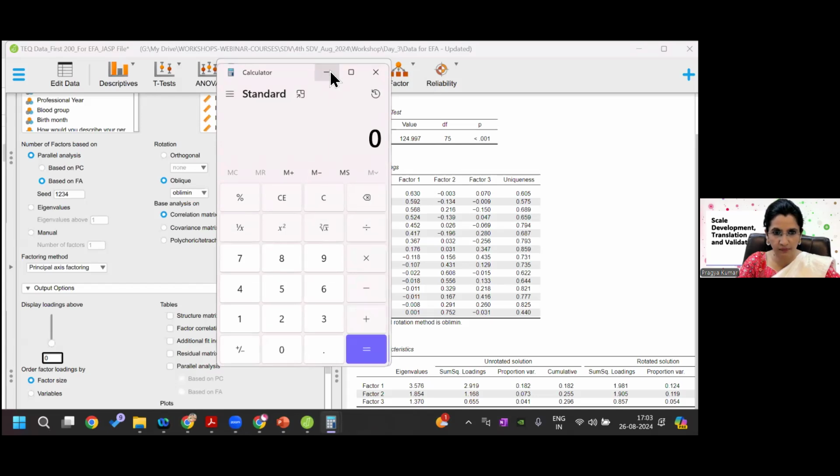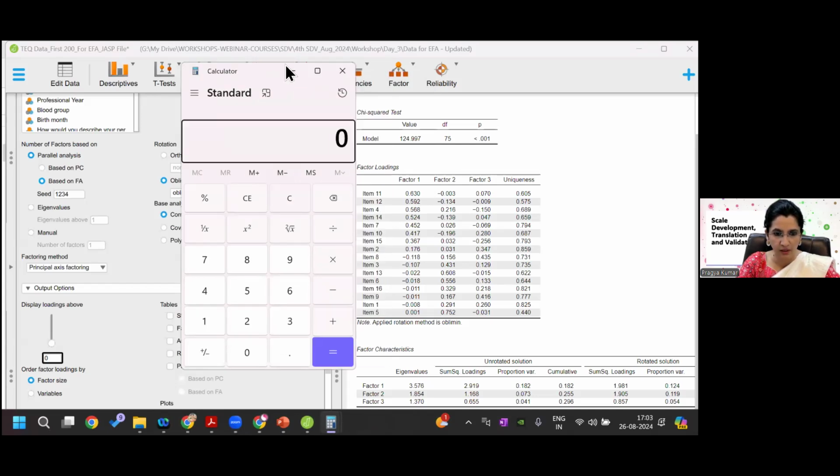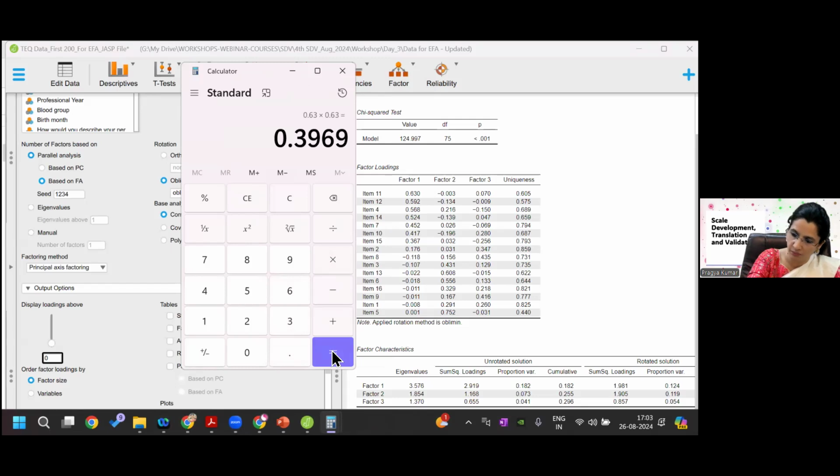So what will be the value? If you see, 0.63 multiplied by 0.63. What will be the value? 0.39, 0.3969 or 0.397. And what will be the next? It will be 0.003 multiplied by 0.003.